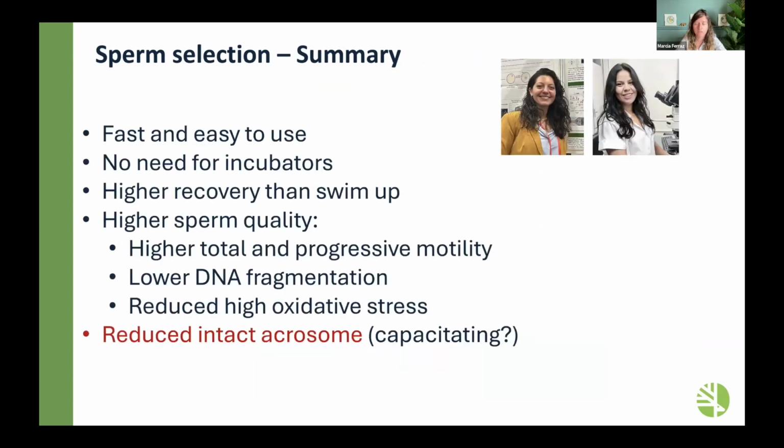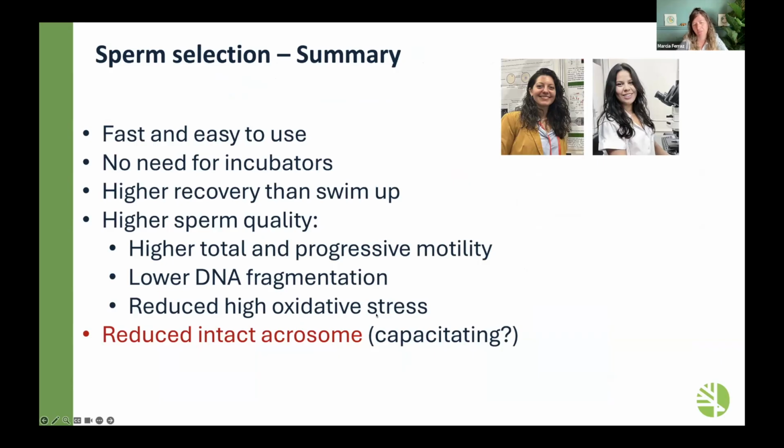Just as a summary, this device is also easy to use. Well, it's not fast, it's a 1 hour selection like we normally do for the swim up. There is no need for incubators, so we can just have that controller in there with a power bank. We have a higher recovery than swim up, and better sperm quality, especially in progressive motility and lower DNA fragmentation.